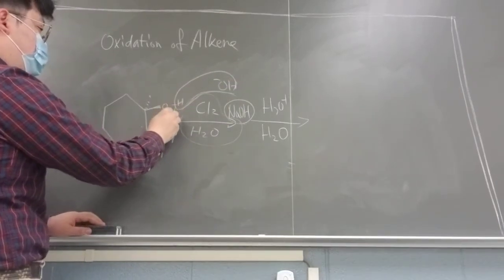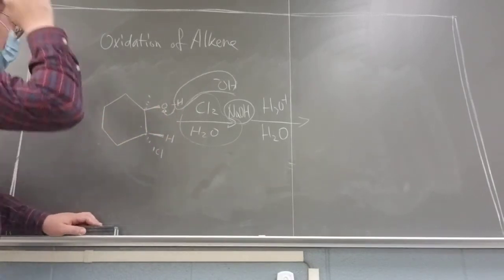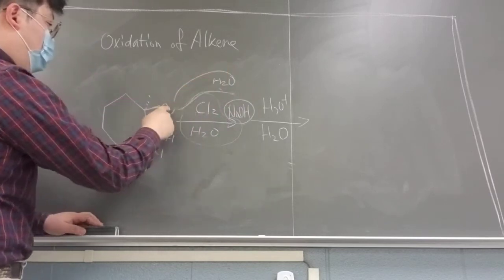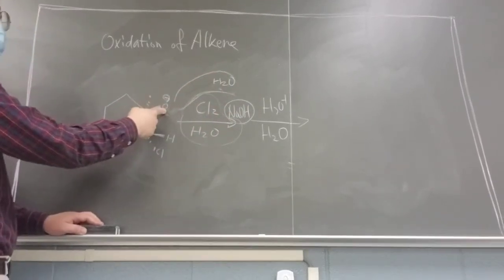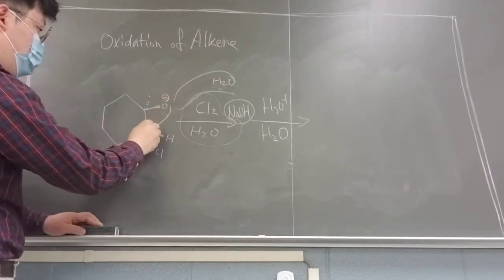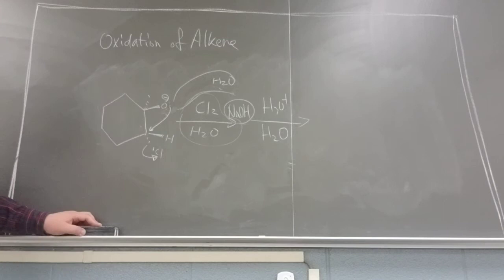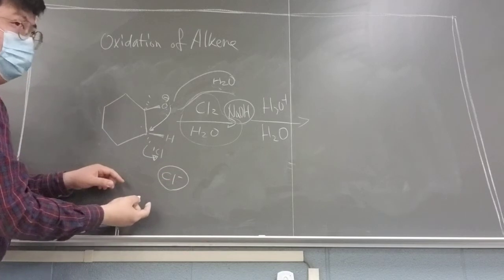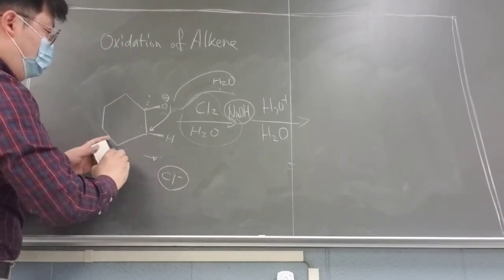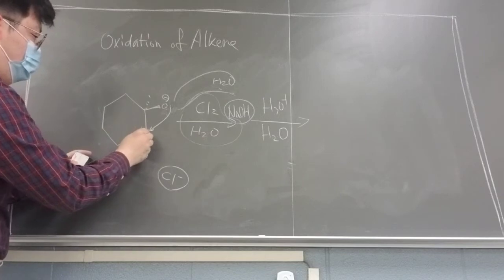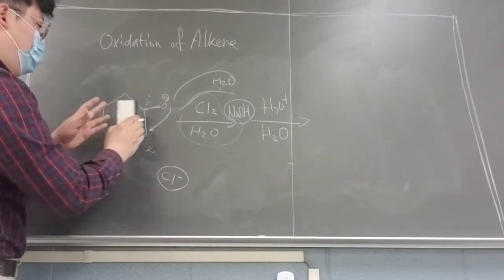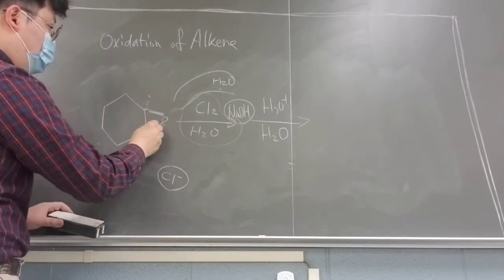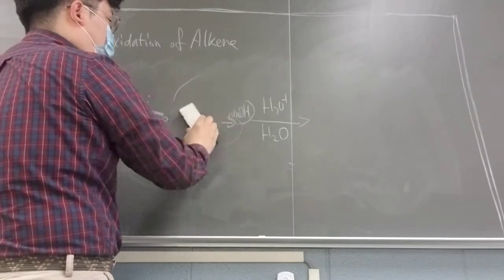So the paired electron goes to there. So then this will become water. And this will become negatively charged because donated by paired electron here. And that goes to here to move it. Okay? So this will leave, getting this paired electron as well. So become a negative charge. And now it's pushed. Hydrogen is pushed on the back because they are taking on this carbon. So they become hydroxide.